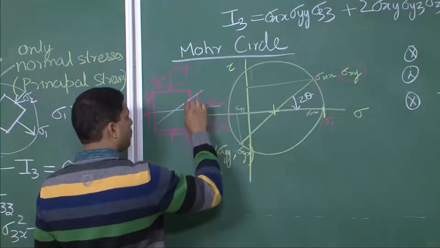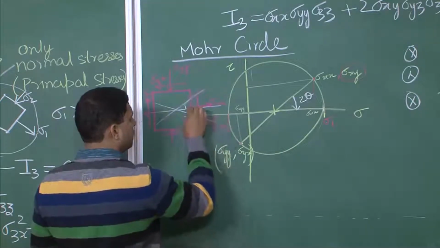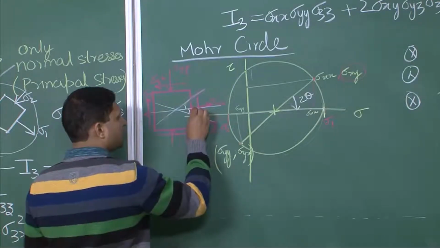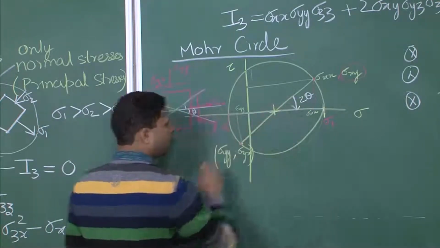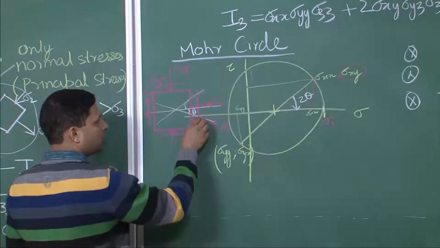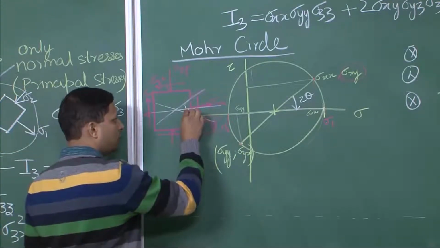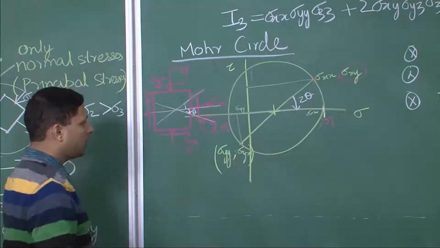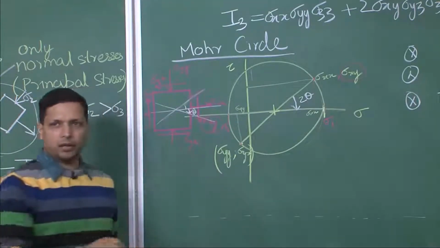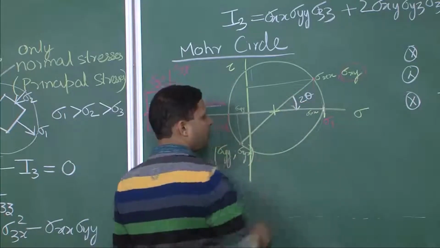So, you will have to rotate it by theta. This is going clockwise. So, here you will go clockwise. So, this is your theta. In other words, when you rotate the element by angle theta, on the Mohr circle it gets rotated by 2 theta.